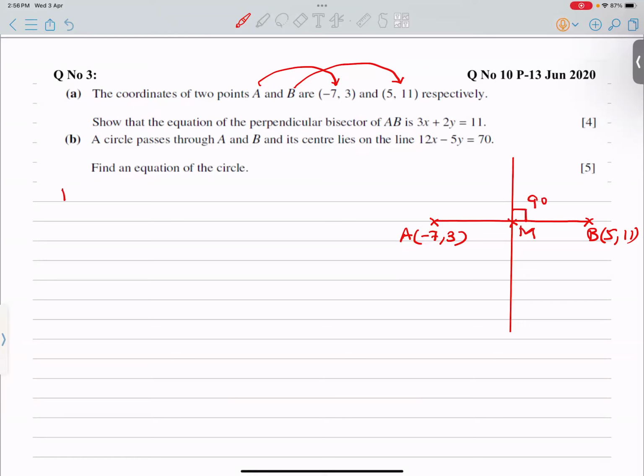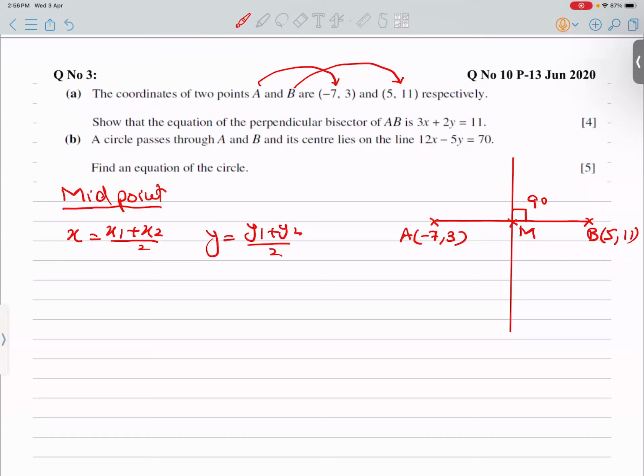So job number one, because this question is 4 marks, I'm finding the midpoint first of all. In formula, you know, x is x1 plus x2 divided by 2 and y1 plus y2 divided by 2. So I label here x1, y1, x2 and y2. The chance of mistake reduces in this way.